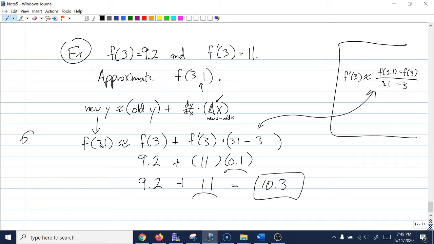Let's talk about the second derivative. We made a big deal about f of x as a function. Then f prime of x is also a function.